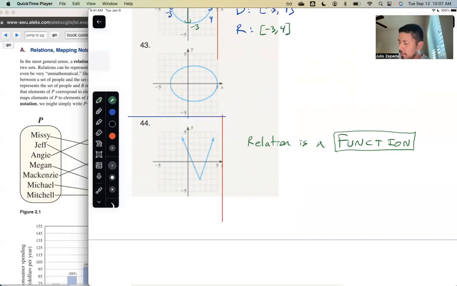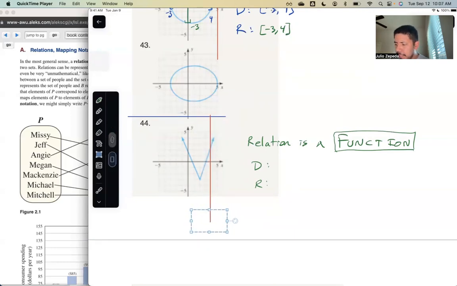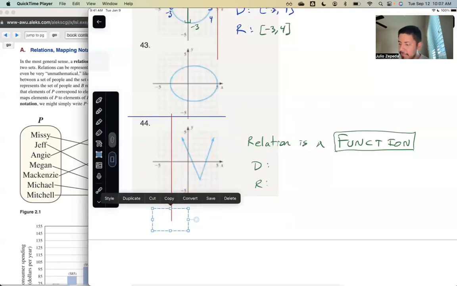What's the domain? And what's the range? The domain is going to be the set of x values that this function takes on. And you can see it looks like it starts right here, but this arrow indicates that it continues to go to the left. This function will keep going to the left and up.